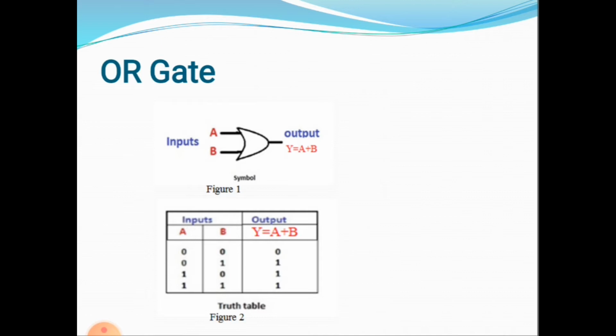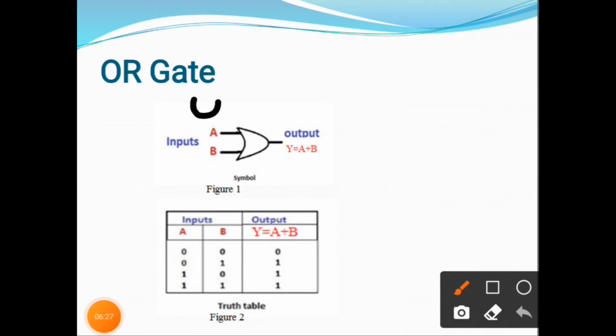When we use A equal to 0 and B equal to 0, then the output will be 0. Let us consider the second condition. When we use A equal to 0 and B equal to 1, then the output will be 1.